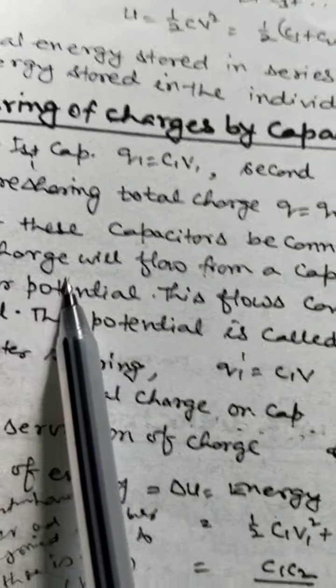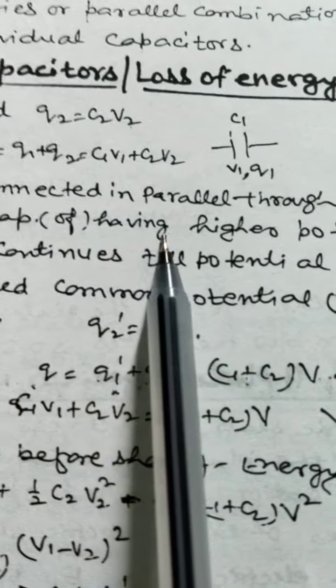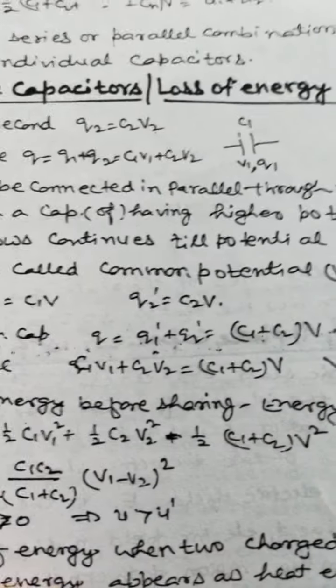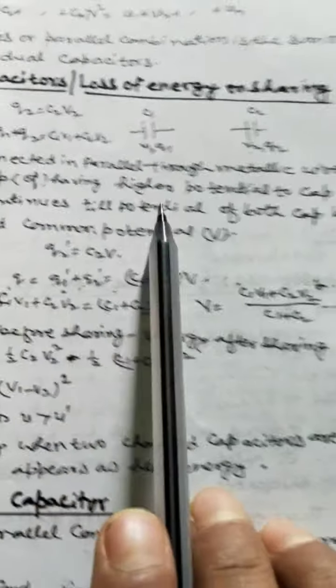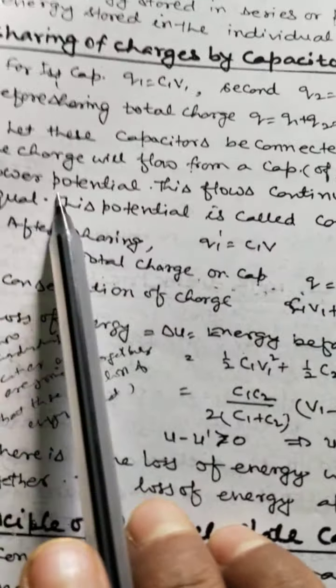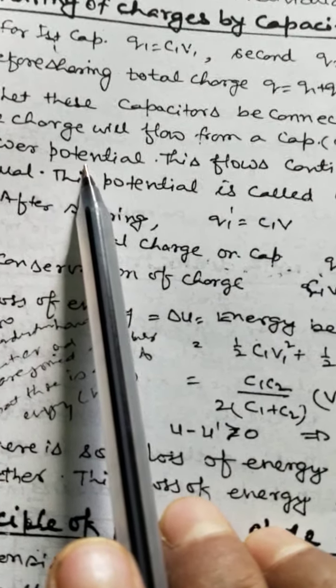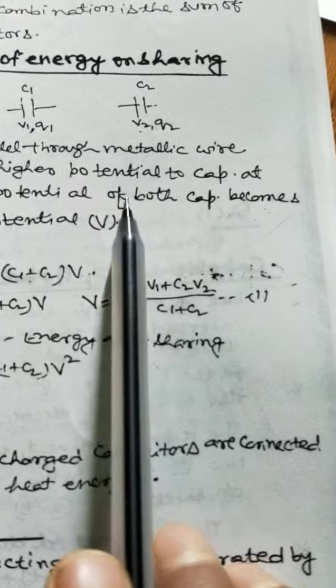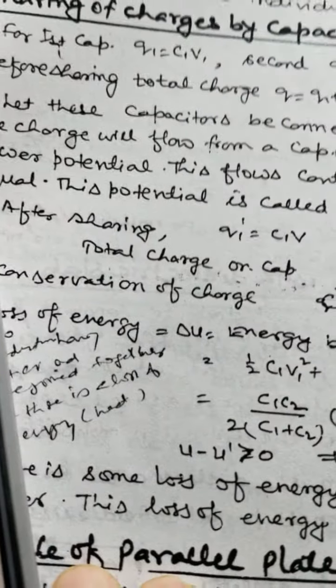Now let these capacitors be connected in parallel through a metallic wire. Then charge will flow from the capacitor having higher potential to the capacitor at lower potential, and this flow continues till the potential of both capacitors becomes equal.